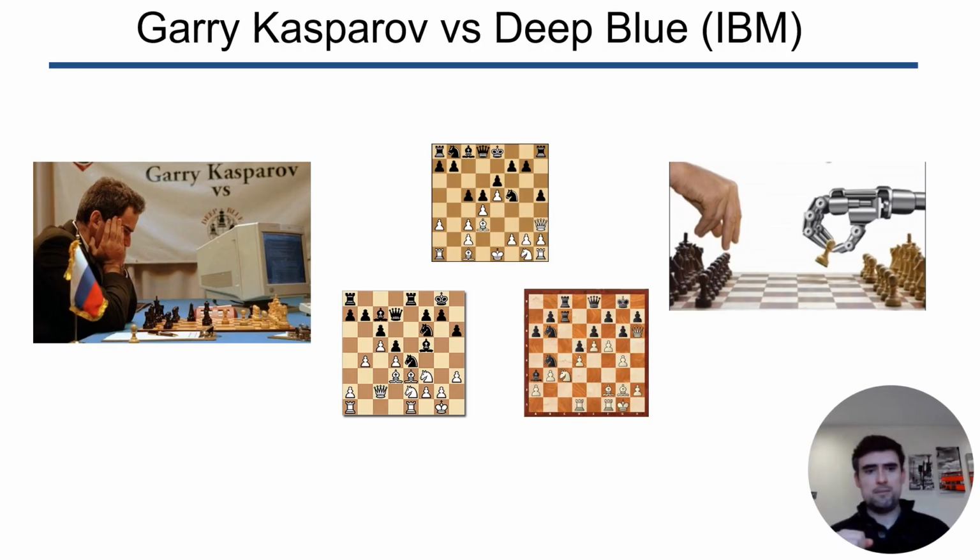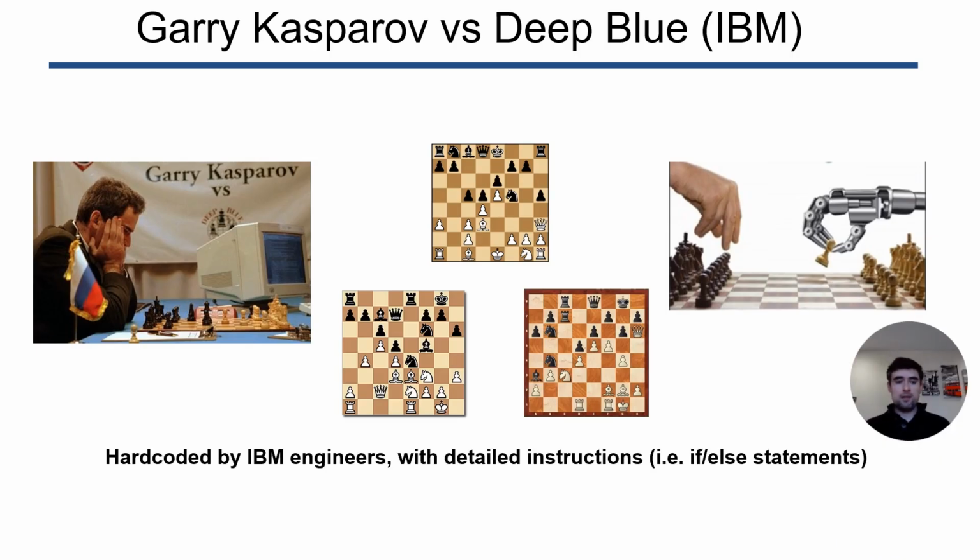So some time ago, in 1996, there was this big match between Garry Kasparov and Deep Blue, which was a computer from IBM. The idea here was to see who was the better player, the best human in the world versus the best computer in the world.